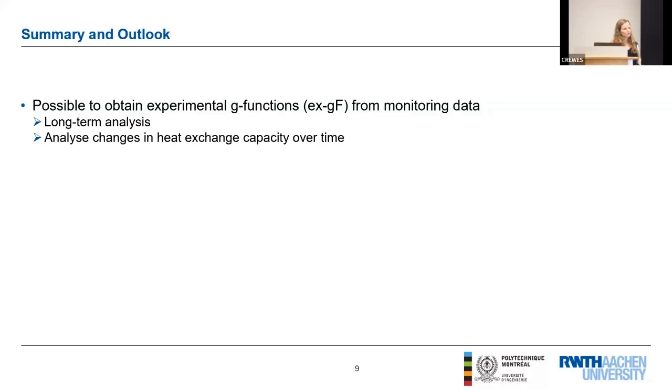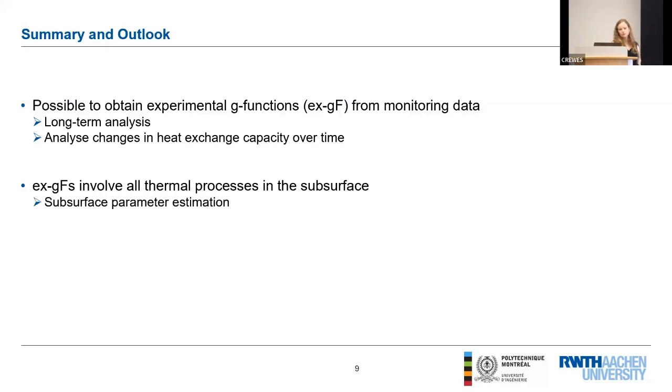The big advantage of those functions is that they incorporate all heat exchange processes that take place in the subsurface and are independent of a physical model. So they can be used for subsurface parameter estimation and also to optimize the operation of ground heat exchange systems.